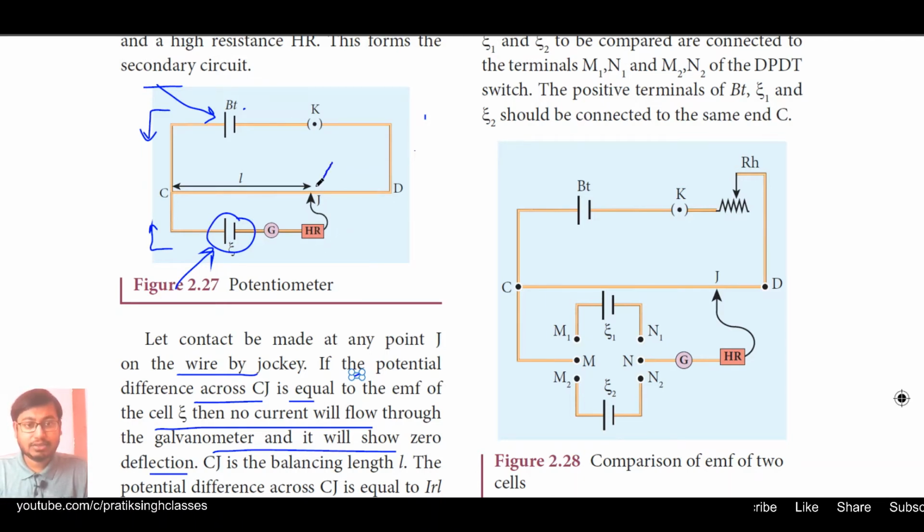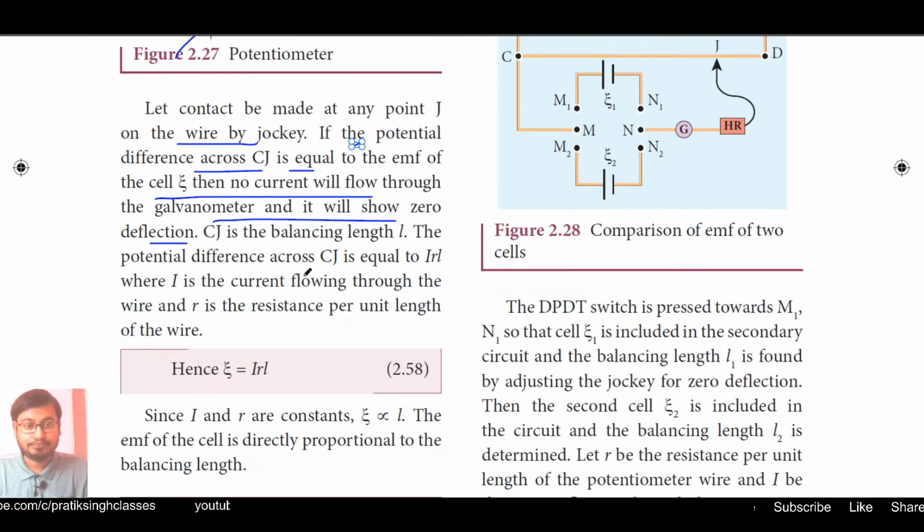We slide the jockey J in such a way that a place between C and D comes where, if you put the jockey J, the potential because of battery BT and because of cell Xi will become equal and the potential difference becomes 0. So the galvanometer will show zero deflection there.